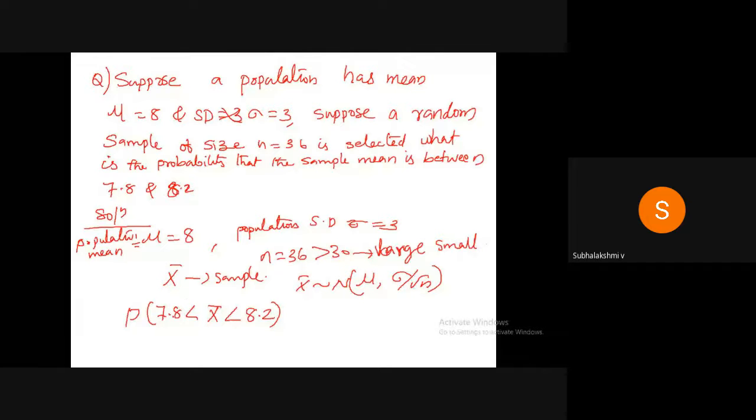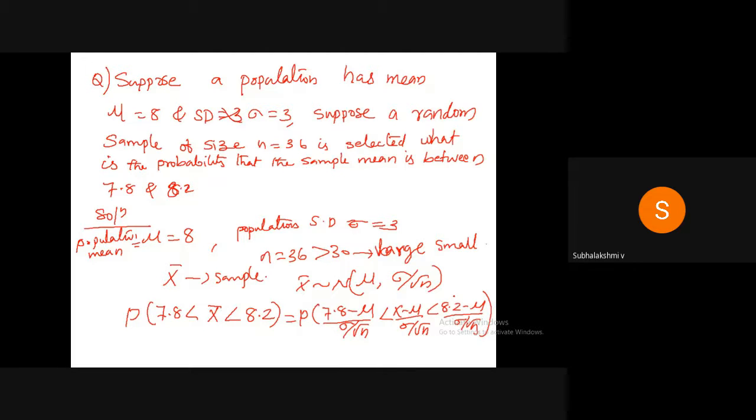That is the probability of 7.8 less than x bar less than 8.2, which we convert into standard normal form. Probability of (7.8 minus mu) divided by sigma by root n, less than (x bar minus mu) divided by sigma by root n, less than (8.2 minus mu) divided by sigma by root n.